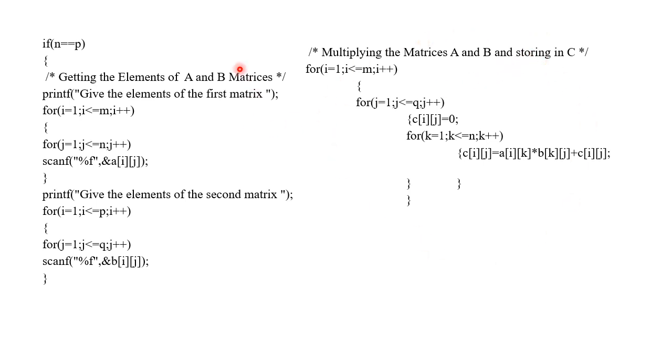In matrix addition, everything will be the same as the multiplication, but here the difference will be there. In the matrix addition, this for loop will not be there, this initialization will not be there. There it is Cij is equal to Aij plus Bij, not like that. That's all. This statement will not be there.